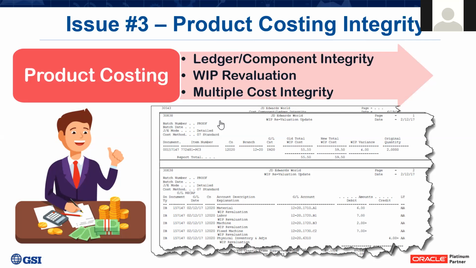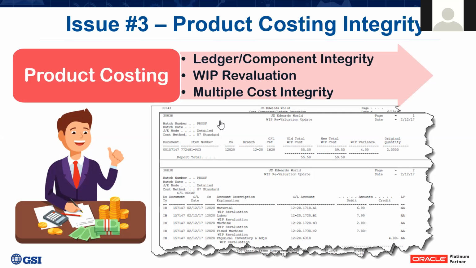Well, if I have work orders that are out there with material issued to them and have not been completed after the cost roll has been done, then what will happen is these will all have old costs on them, right? So once I start issuing material to the work order, because as soon as I attach the parts list, it takes a copy of the costs that were in place at the time, okay?